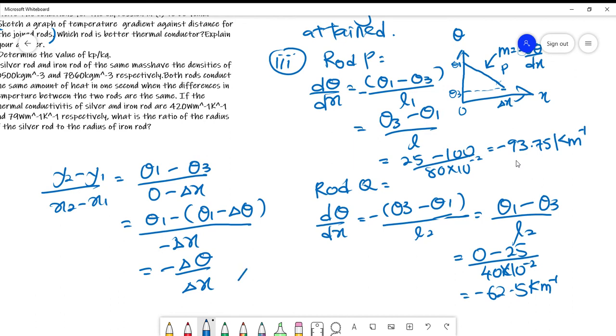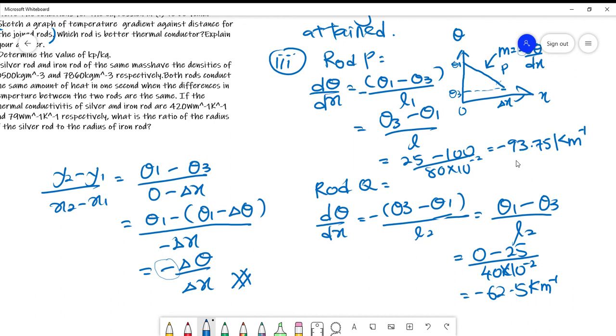This is the actual formula. Yeah, the derivation has shown the temperature gradient actually consists of a negative sign. So the negative sign for the rate of heat flow came from here.